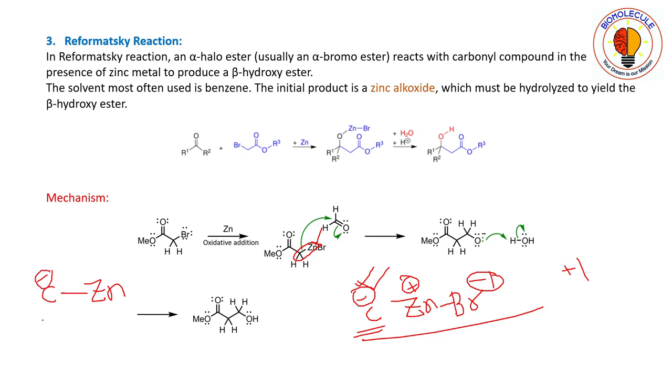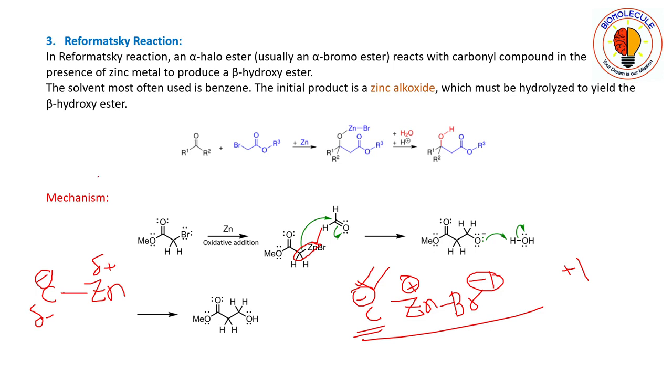But here this carbon cannot be like a full carbanion. Okay, it will have del minus and zinc will have del plus, like that of carbonyl. In carbonyl the oxygen atom cannot take the pi bond electrons entirely within itself.